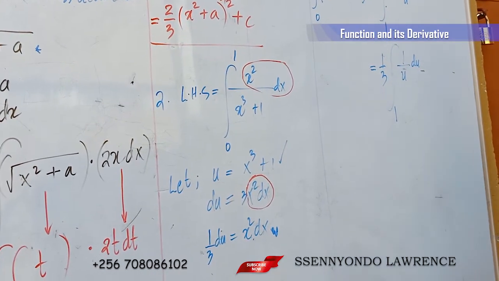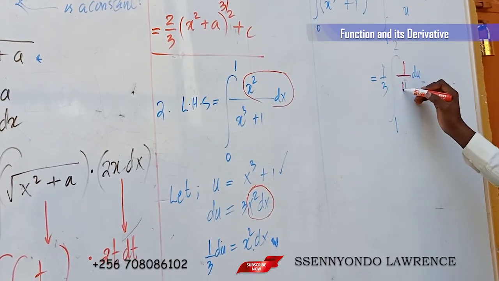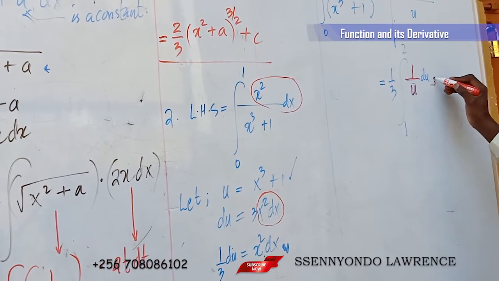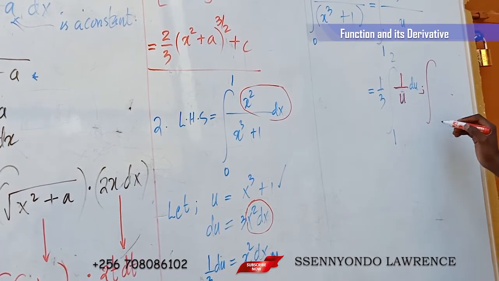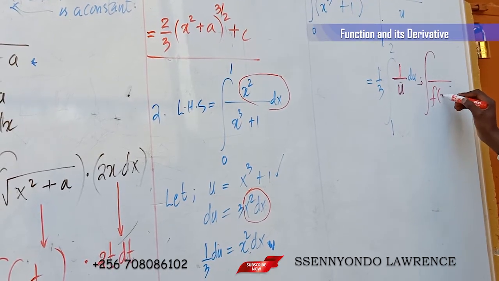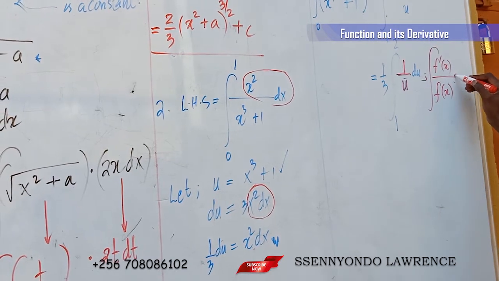Now, I want us to notice that what we have is another function and derivative, 1 over u. These are cases where we have the integral when the denominator is the function and the numerator is its derivative.